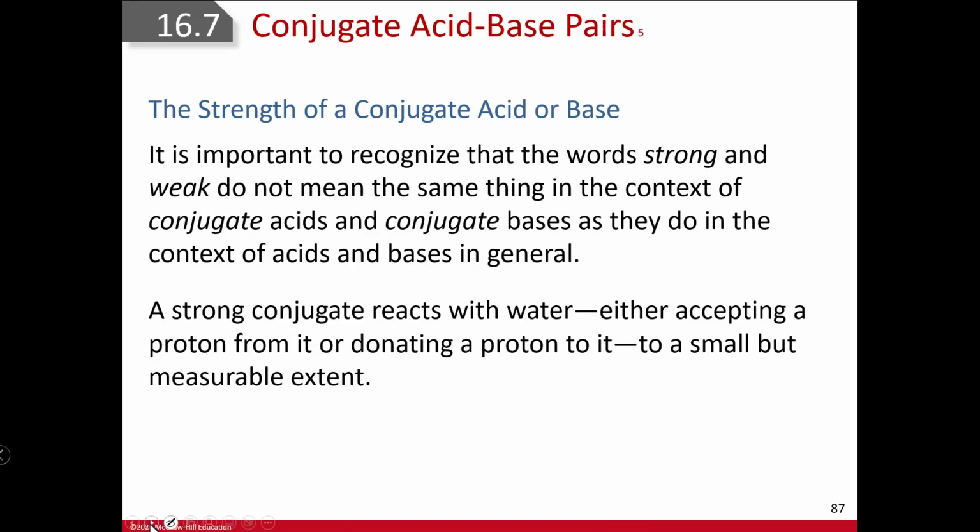So right here, it is important to recognize that the words strong and weak do not mean the same thing in context of conjugate acids and conjugate bases, as they do in the context of acids and bases in general. A strong conjugate reacts with water, either accepting a proton or donating a proton.